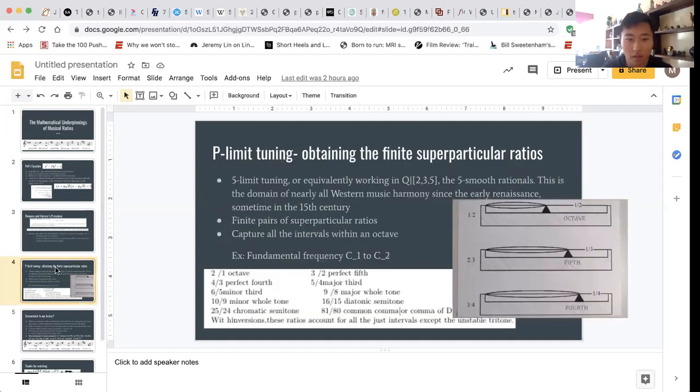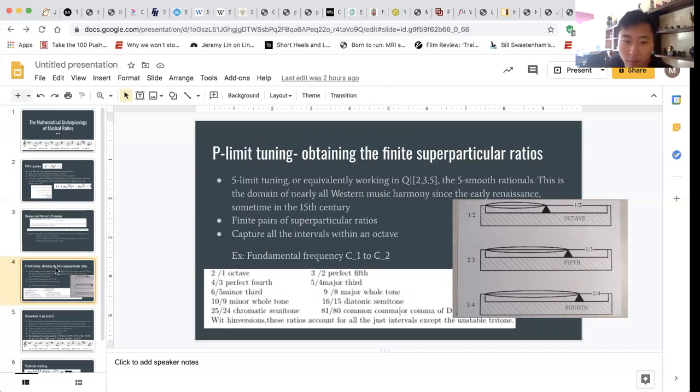So the given finite pairs of musical ratios are seen here. We first want to think of them in terms of relative acoustic frequency, or inversely the length of a violin string. If we tune the string to an A and play that A, that's the fundamental frequency, and we can describe that as a ratio of 1 to 1.